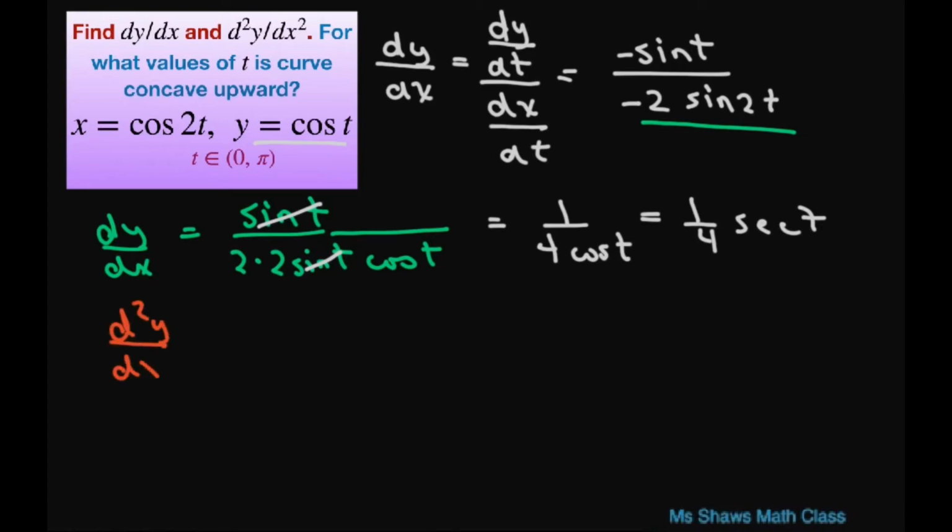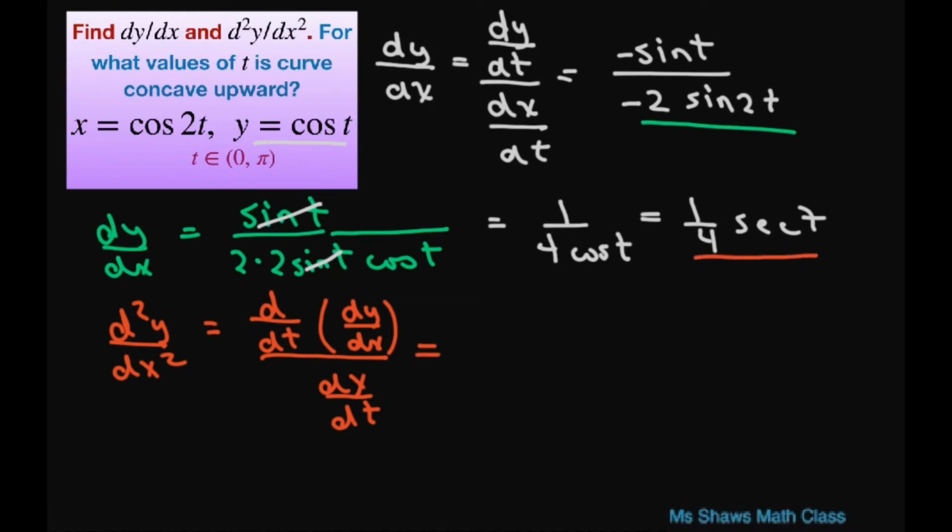Alright, now let's take our second derivative, the second derivative of y with respect to x. That's going to be when you differentiate dy/dx with respect to t, divided by the derivative of x with respect to t. So let's go ahead and take our derivative of this.